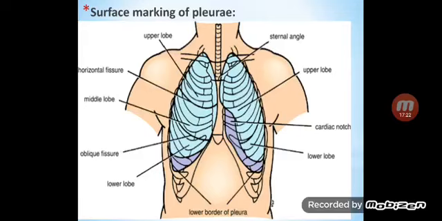Where will it start? The cervical pleura starts at the sternoclavicular joint. You remember the sternoclavicular joint between the sternum and the clavicle; there is an articulation. We talked about it in the first lecture.